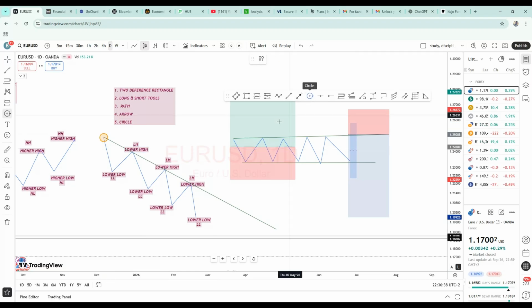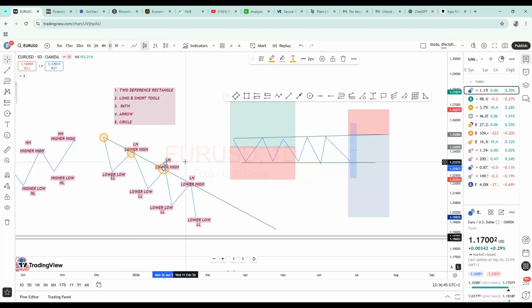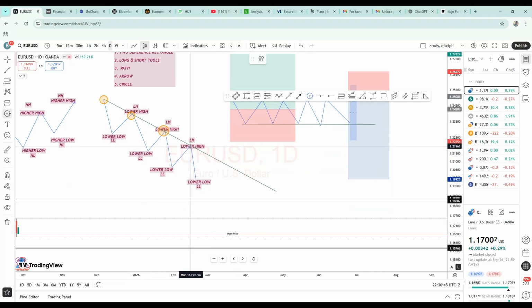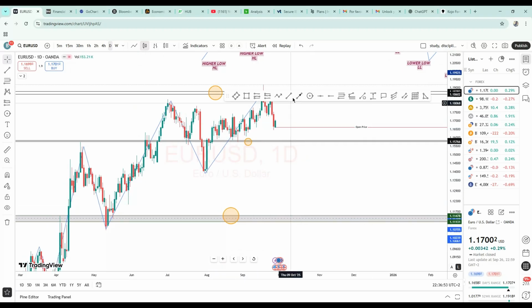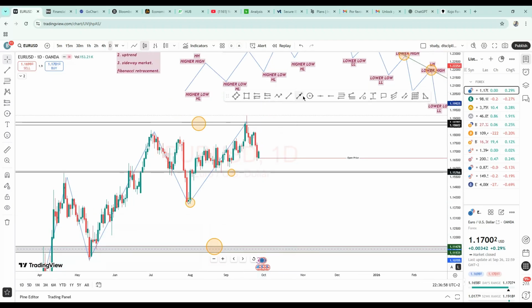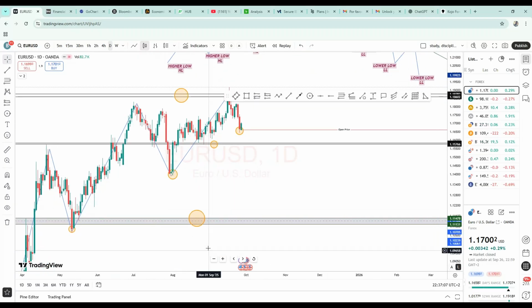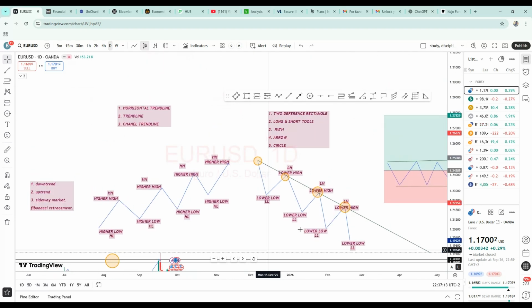I will point out where the market has rejected from, and how many times the market has touched that area. So this is what we use it for. I can come to my chart and do the same thing like this. You can see this is where the market touches, and then it touches here, it reverses, and then here it reverses. This is what we use it for. So I hope that is clear.